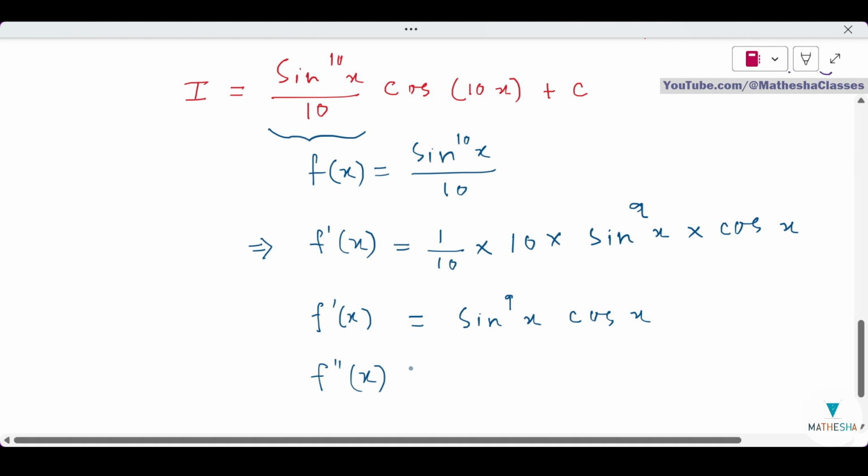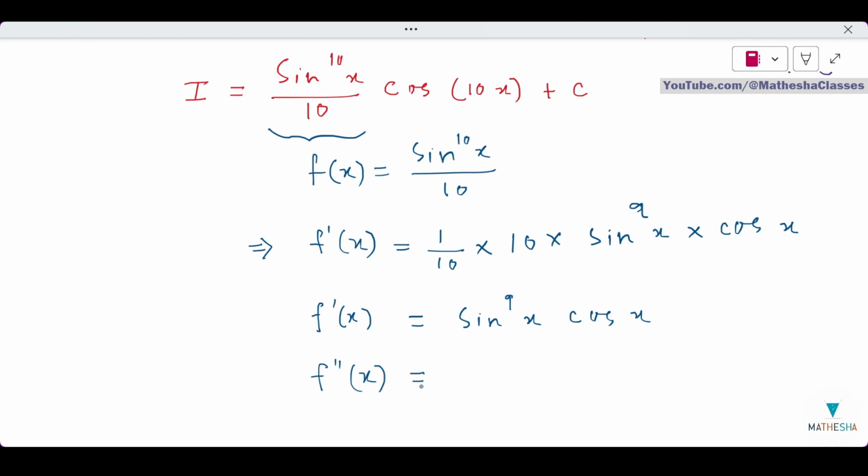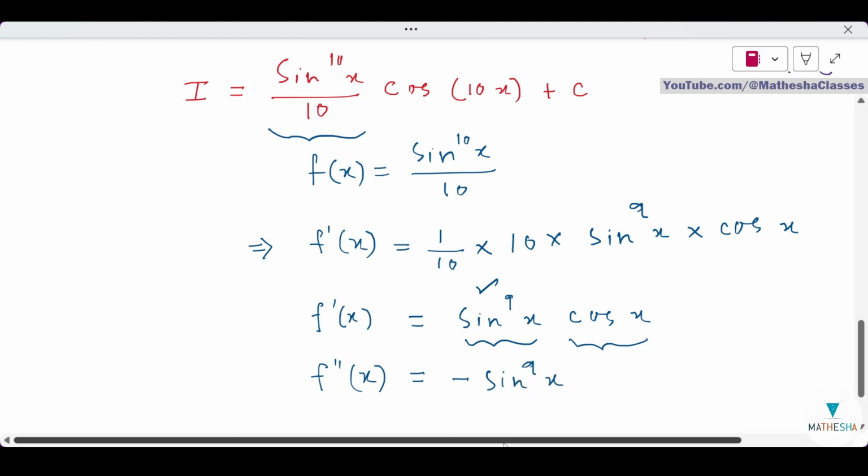So what is f''(x)? f''(x) is equal to, let us keep this part as the first term and that as the second term. While I am keeping cos x fixed, it is becoming sin^9 x, and cos x has the derivative minus sin x, so the first term will become this.